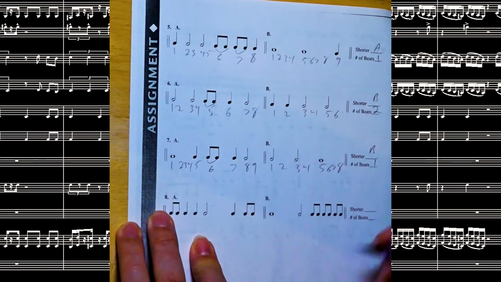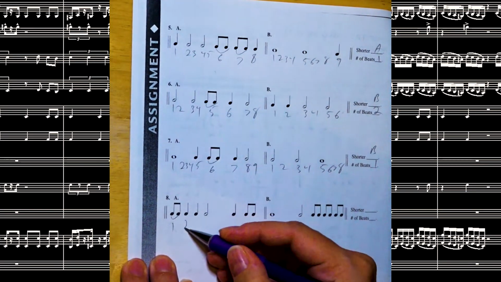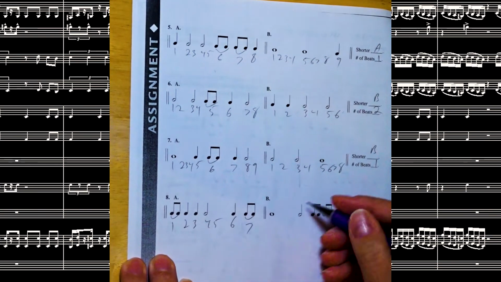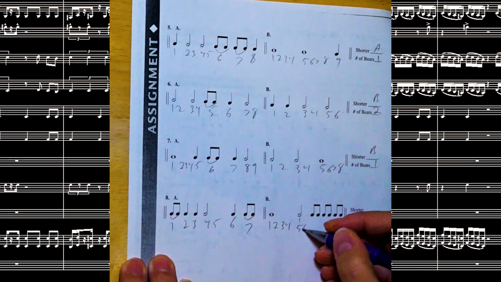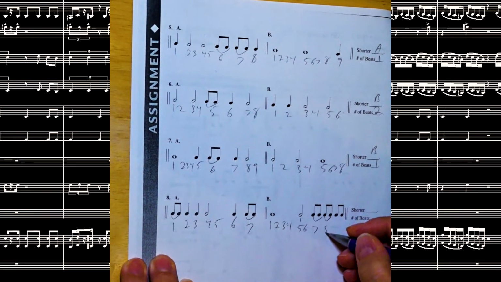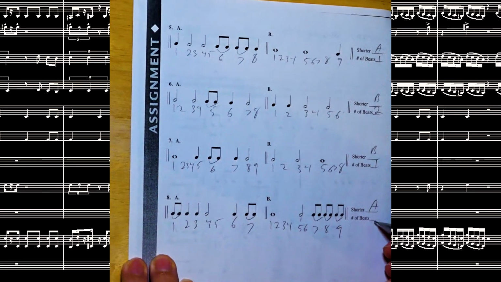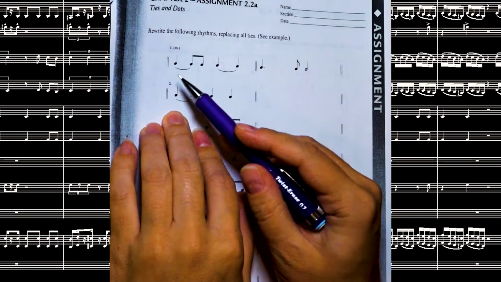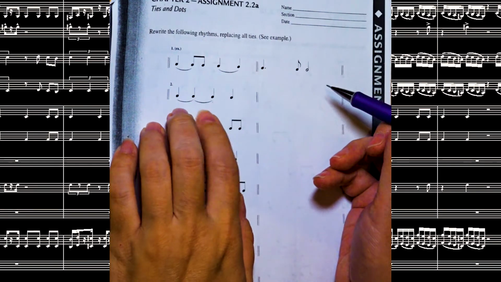So B is shorter by 1 beat. 1 through 7, and 1 through 9. A by 2.